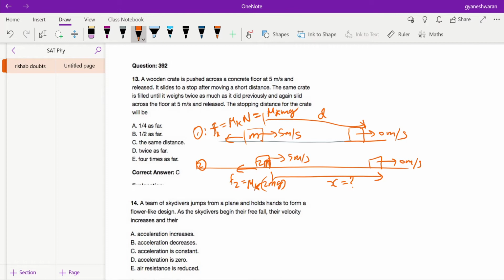Now we will use the work energy theorem, which says that the sum of work done by all the forces is equal to the change in kinetic energy. So in case 1, the change in kinetic energy is half m times v square minus u square, so 0 minus 5 square.